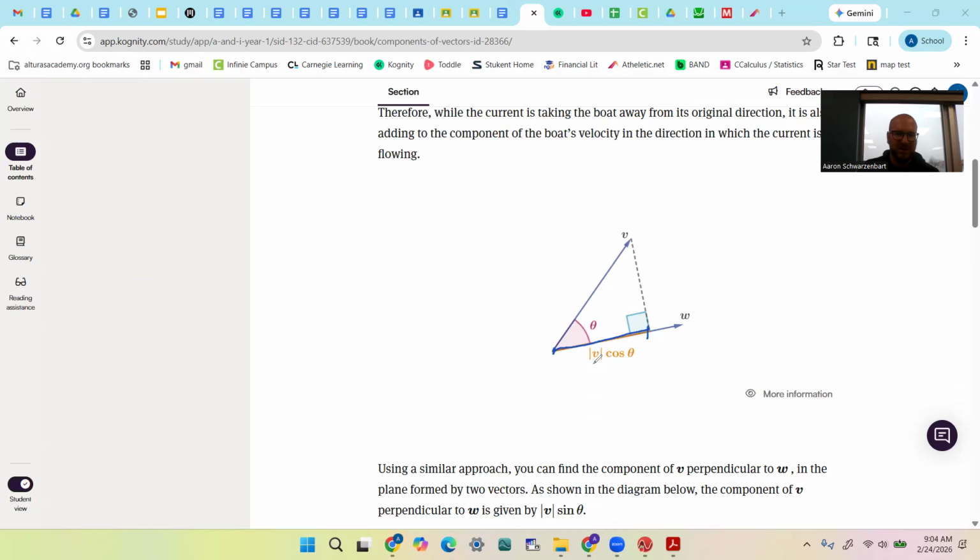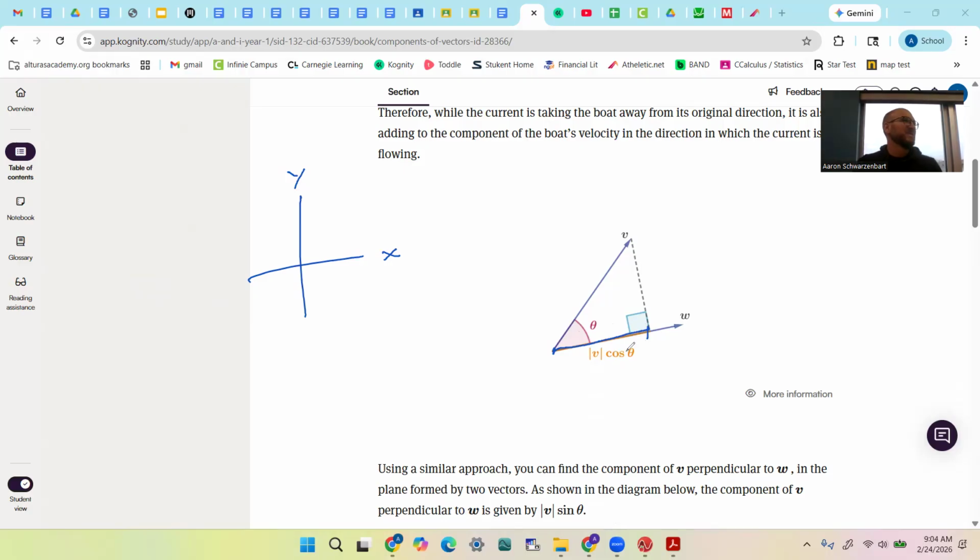So V, the component is basically, usually we do components in the direction of X, Y, and Z. You can do components in the direction of another vector. You use them in physics, but what we usually do is we just pretend to tilt the axes.